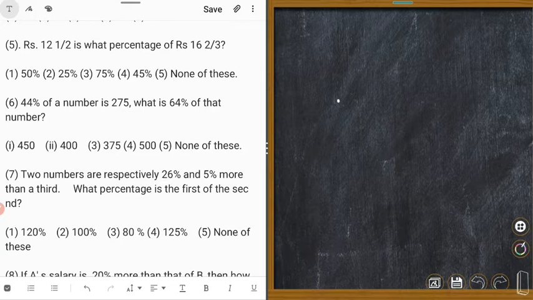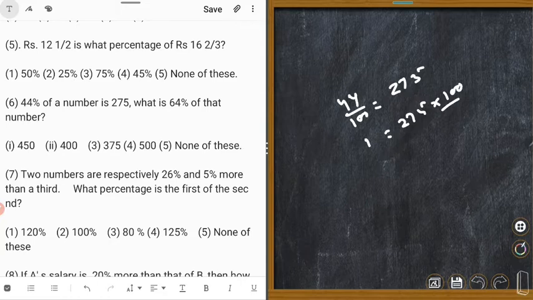So, 44 upon 100 is equal to 275. So 1 is equal to 275 into 100 upon 44, right?